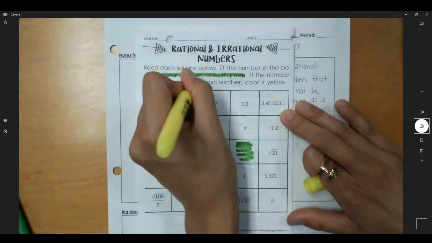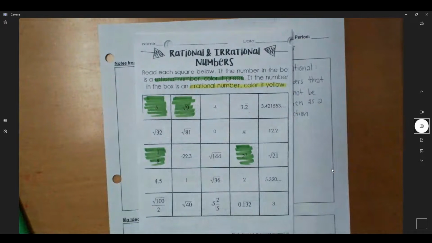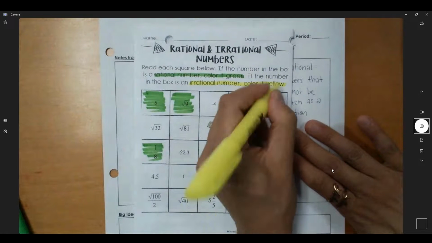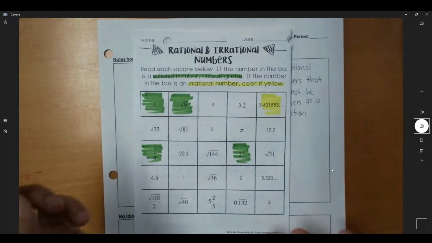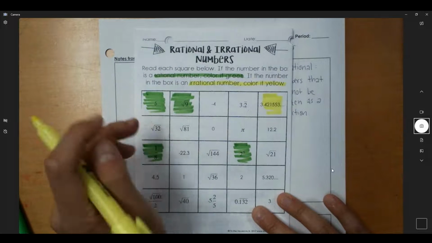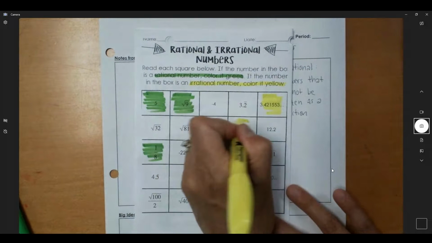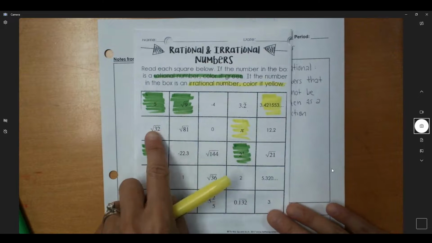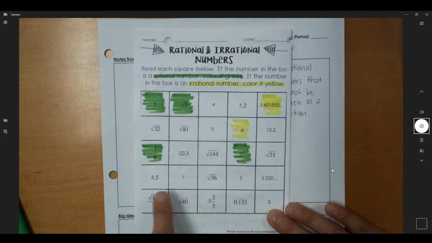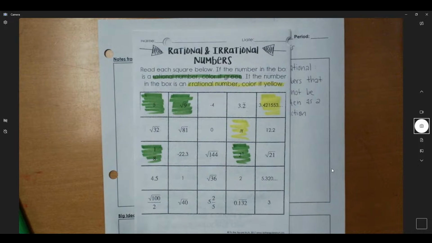If it's irrational, you're going to do yellow, so something like this where it's not repeating and it's non-terminating. Pi, that's one of our popular ones. And then I'm going to let you guys go over the rest. So any that are like this, you need to simplify it and see if it can simplify. If it's a perfect square, then it's going to be rational.